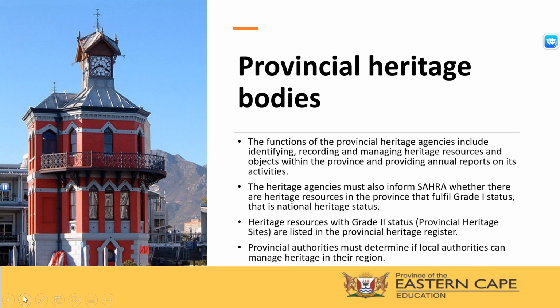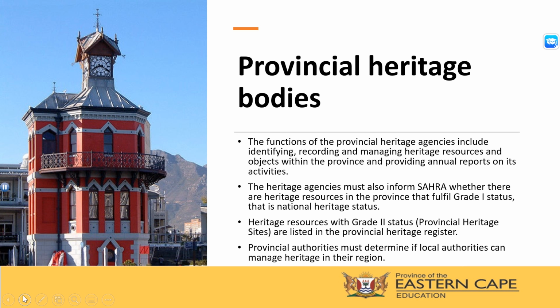In other words, it has national heritage status. And that is a site that is regarded as so valuable for the heritage, the cultural heritage of the country, that it must be conserved for the entire nation. And those are sites that are called grade 1 heritage sites.